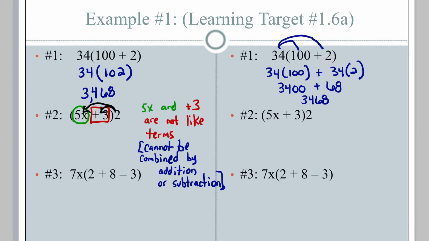So we're going to multiply the 2 times the 5x, and then add that to the 2 multiplied by the 3. Again, it does not matter which direction we're distributing, whether from before the parentheses or after, we're still implying multiplication.